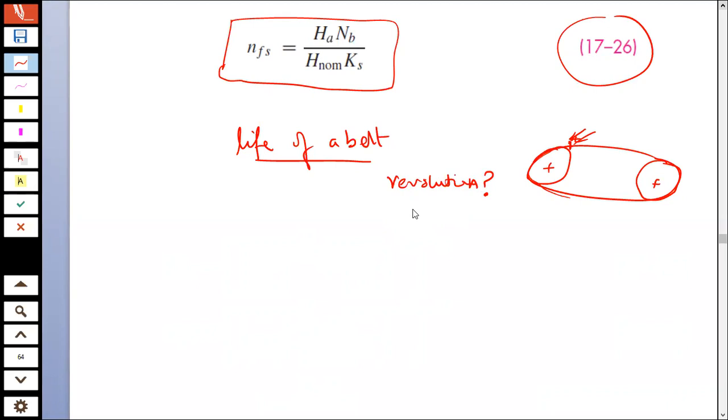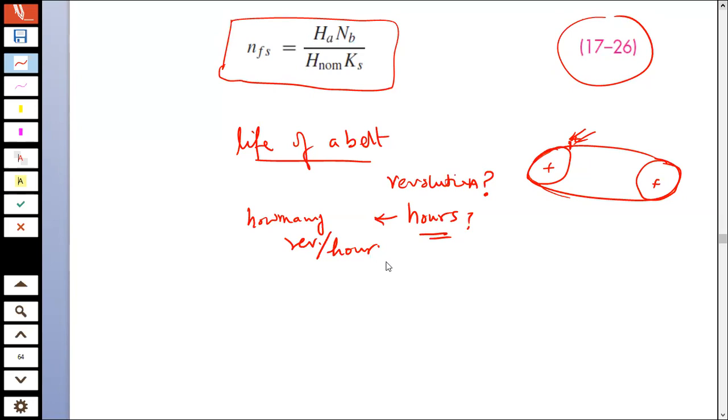You can also measure it in hours, right? That is, how many hours a belt would work. But again, with hours, you also need to give information on how many revolutions per hour.